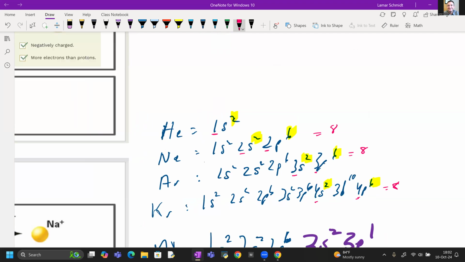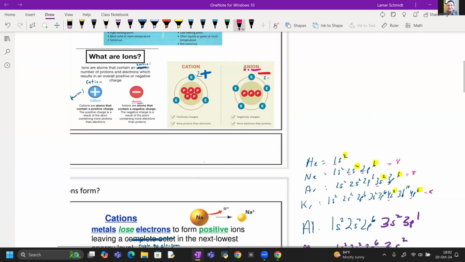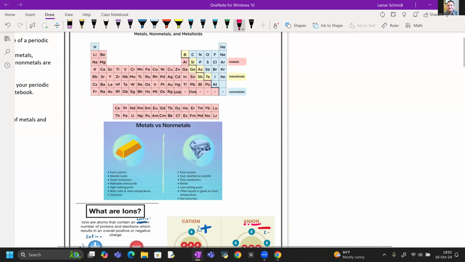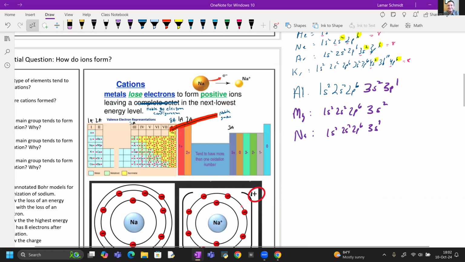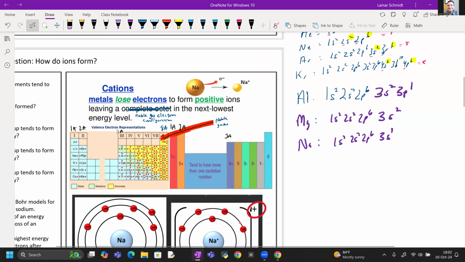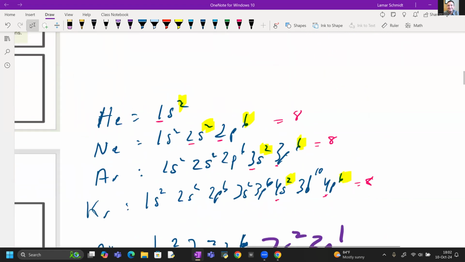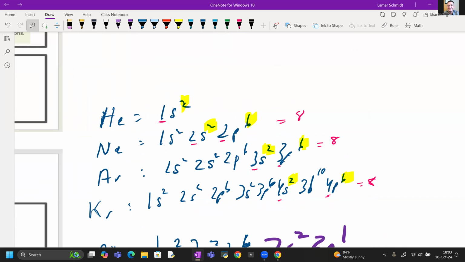And so what I scratched out here says, let me see if I can go back to it. There we go. What I scratched out is giving it a complete octet, and the octet meaning 8 valence electrons. Well, that's not specific enough, because helium, as you see, does not have 8 valence electrons. In fact, helium has only 2.